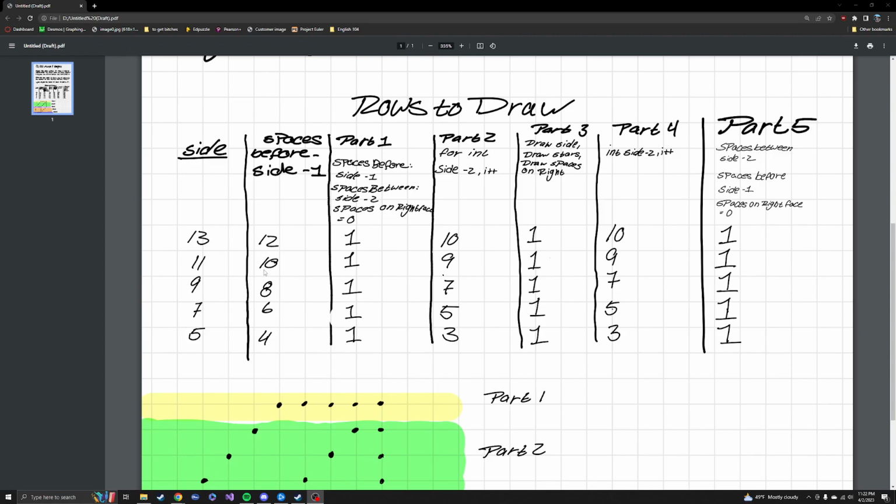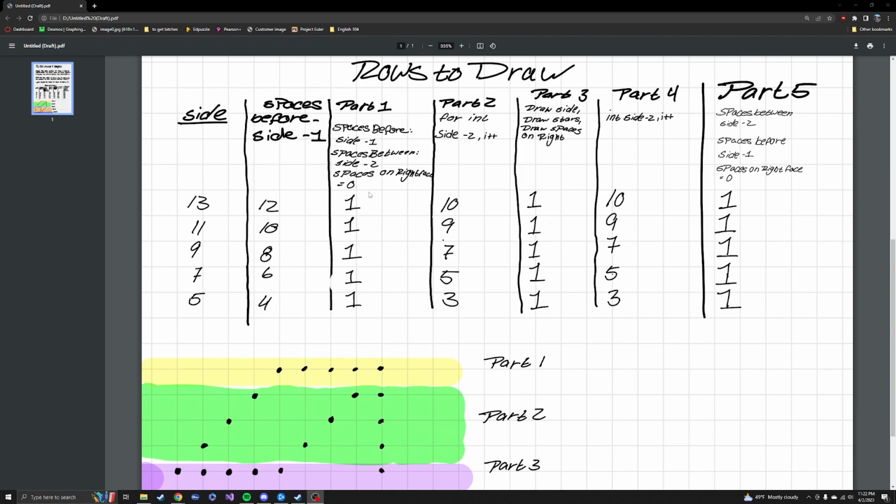Or down here, you could take 11 minus 1 is 10, 9 minus 1 is 8, and so on and so forth. So for part 1, you take the side value minus 1 for spaces before. So this basically shows what we have so far.